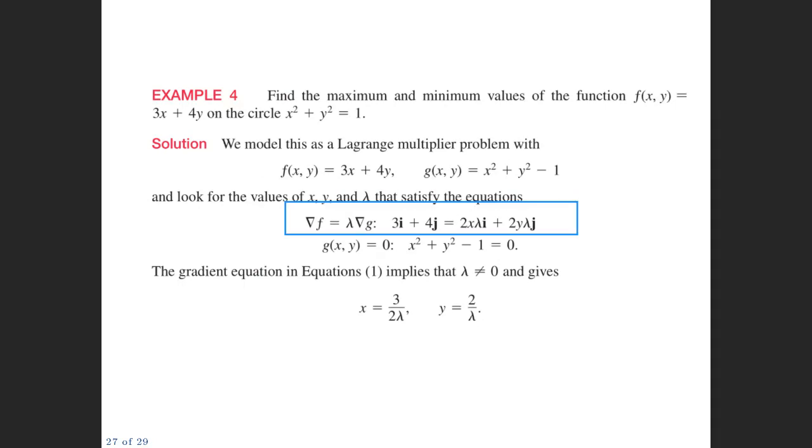From the first one, from nabla f is lambda nabla g, we find that x is 3 over 2 lambda and y is equal to 2 over lambda. Check that. And then we can put that into the second equation. We take these and we're going to put these into g equal to 0.